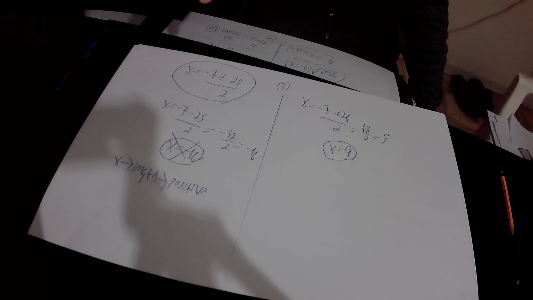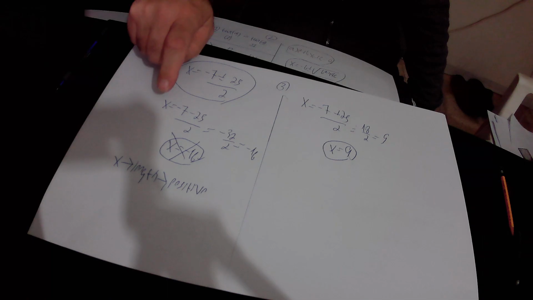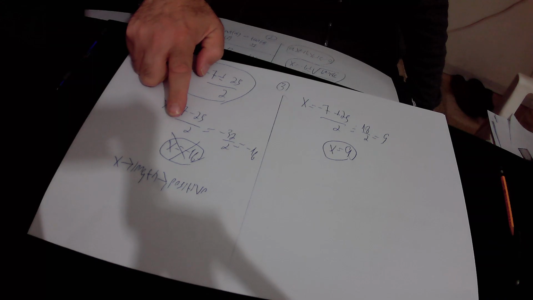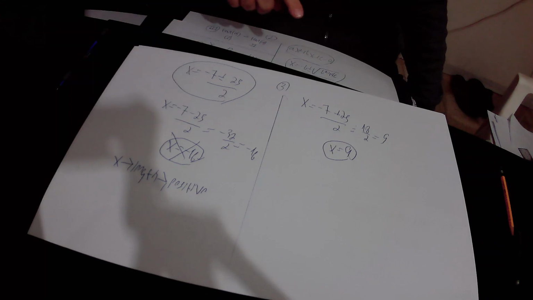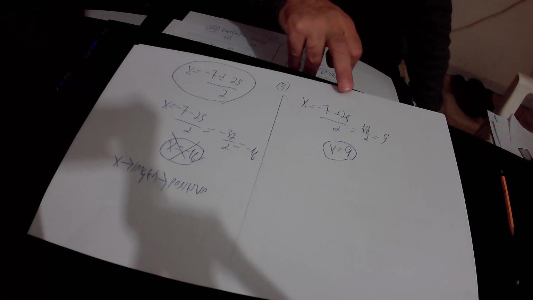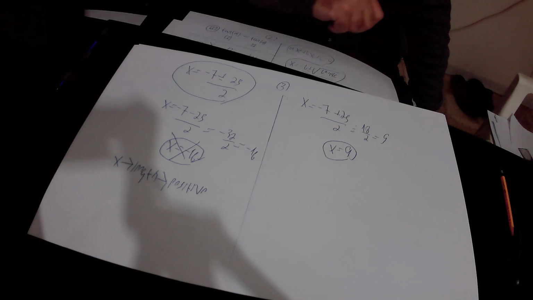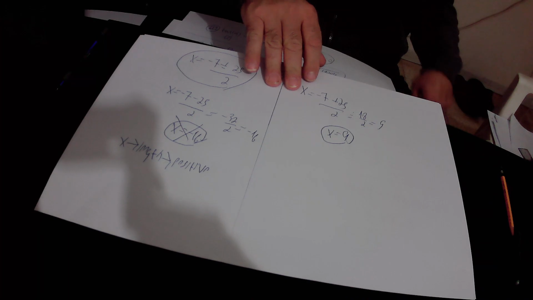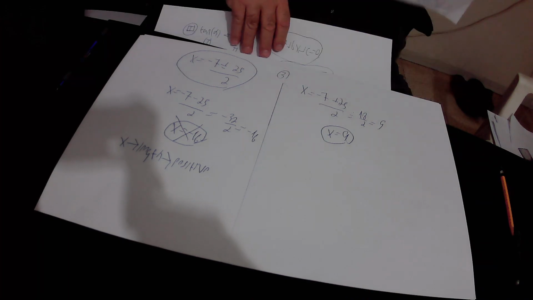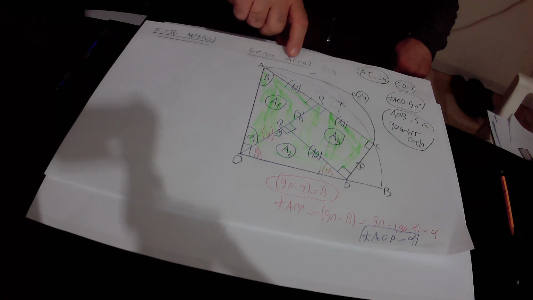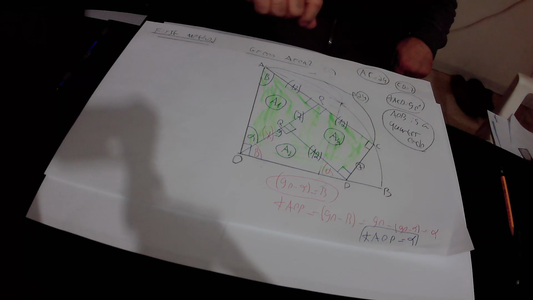But because x is a length and a length must be a positive number, we cancel this negative solution. We are left only with the second solution, x equals minus 7 plus 25 over 2. 25 minus 7 is 18, and 18 over 2 is 9. So in conclusion, the length of this line segment QO equals x equals 9. QO equals 9 units in length.